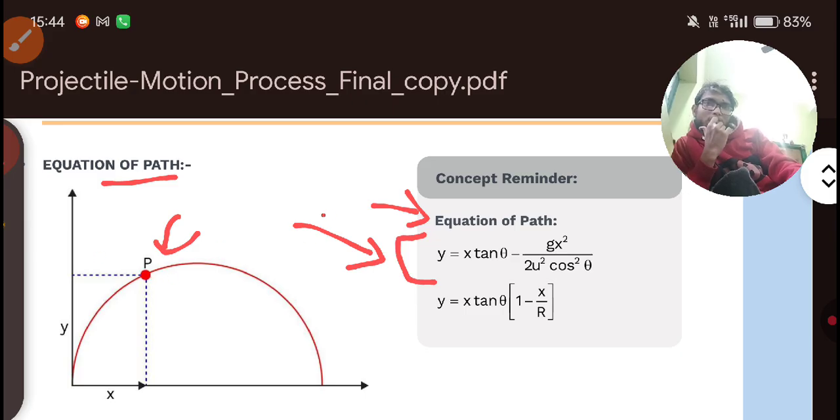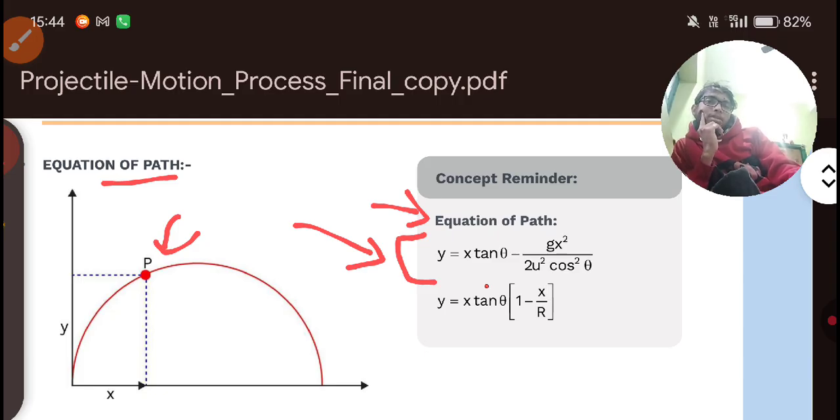You will get this point by using this equation of a path, which is y is equal to x tan theta minus g x square upon 2 u square cos square theta. You will have to substitute the value of x. You will see a lot of questions based on this equation of a trajectory.